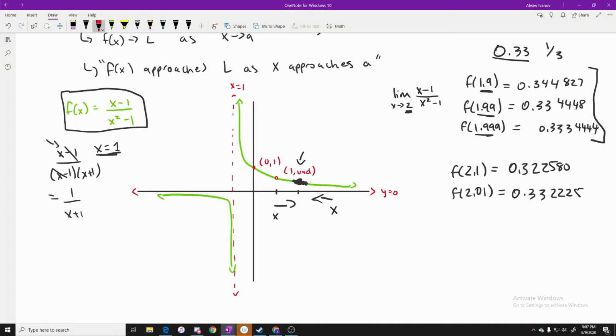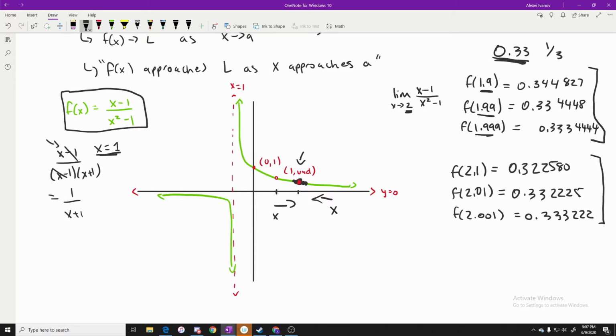Let me mark it in red right here. And we will choose f at 2.001, which will give us 0.333222.